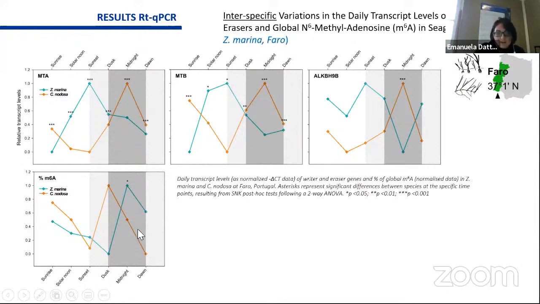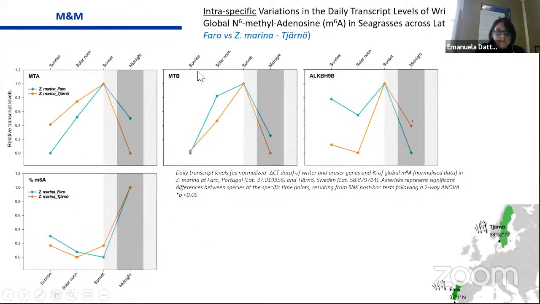But it is the contrary for m6A. This is the same analysis, with the same genes and again the percent of m6A, but performed using the populations of Zostera collected in Faro, that is in blue, and in orange the population of Charno.